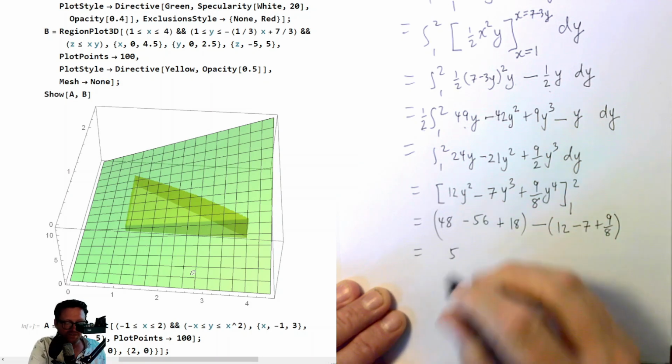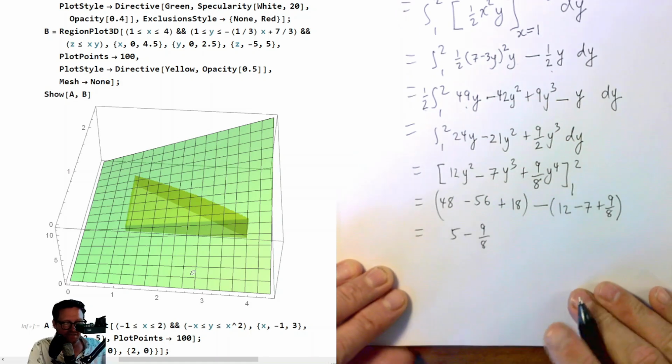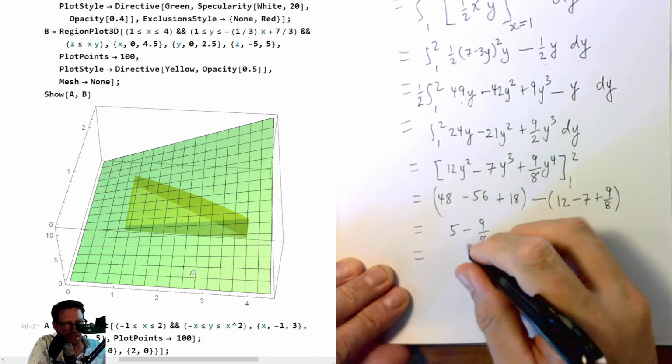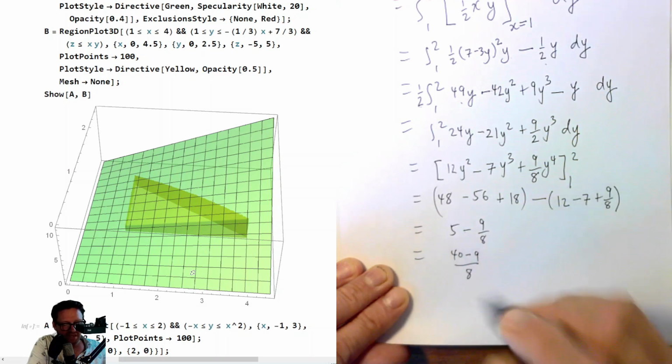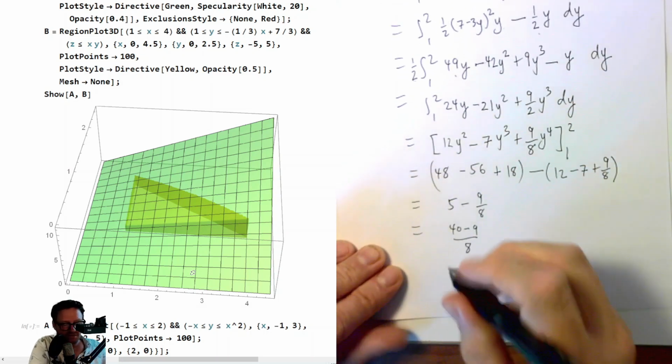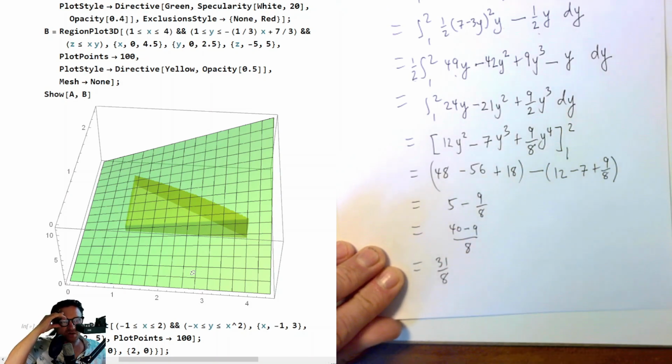And then bringing that minus over. So 5 minus 9/8. We can write this as 5 times 8 is 40. So 40 minus 9 is 31, so we get 31/8 as our volume. And you can give an approximation for that.